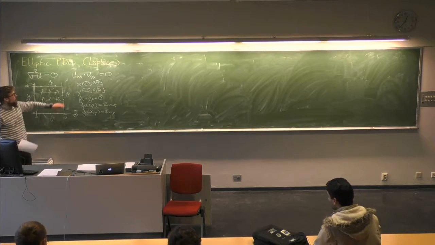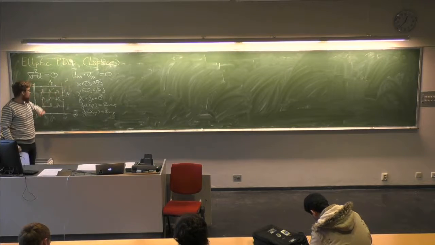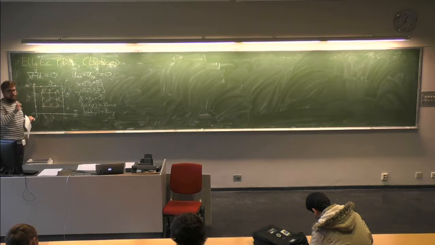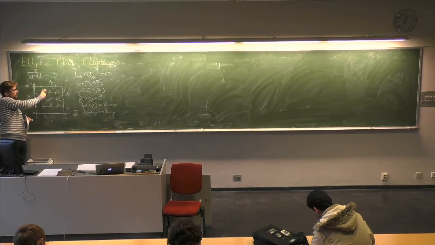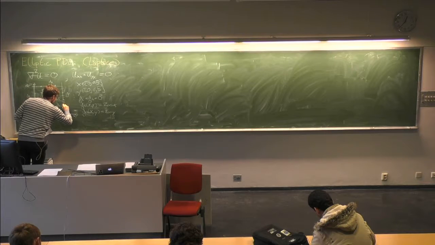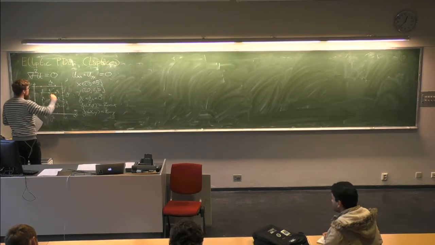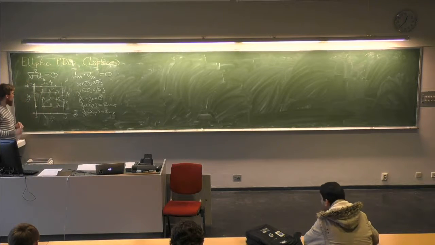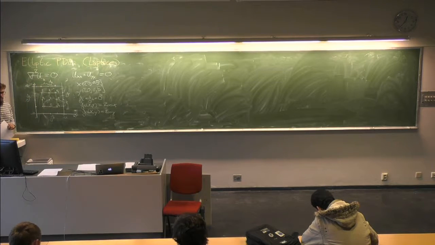Then you remember that we try to discretize these. More details also: the grid spacing in both x and y is h, in this direction and this direction.